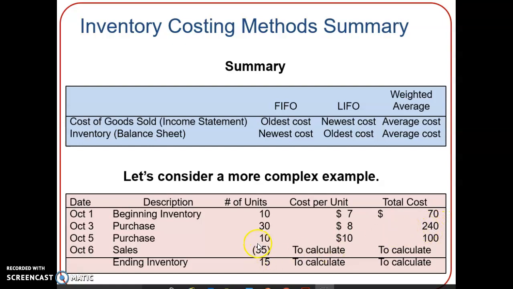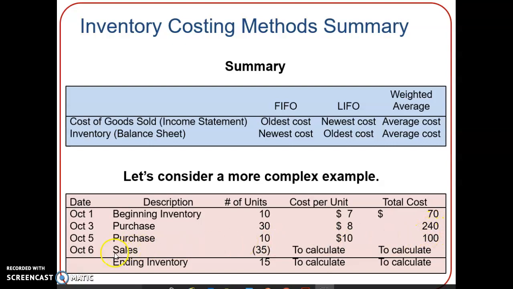And for the purchase we made on the 5th, it's 10 units at $10 each, that's $100. If you notice, the total available units will be 10 plus 30 plus 10, 50. The total cost of available inventory will be $410.